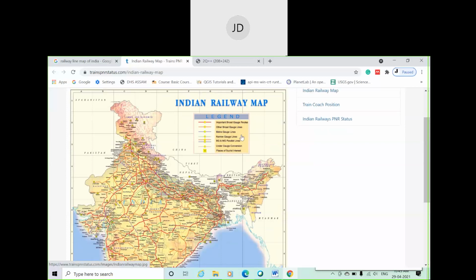Similarly, we have meter gauge lines and narrow gauge lines. Somewhere we have parallel broad gauge and meter gauge lines also. Even here in Assam you can see very few broad gauge lines, shown in red, and mostly we have meter gauge and narrow gauge.